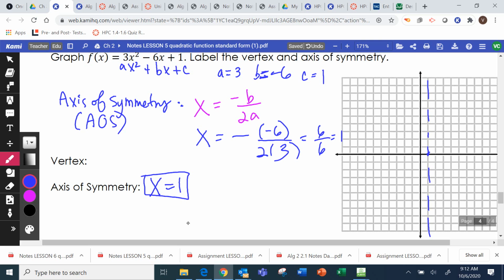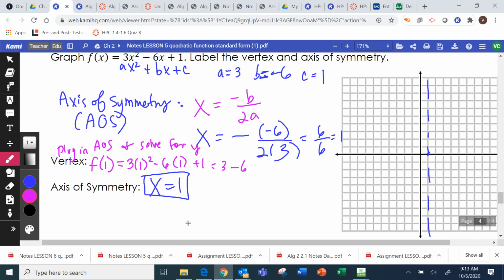Because the vertex and the axis of symmetry have the same x value, to find the vertex, we're going to plug in the AOS and solve for y. So I'm going to do f of 1 to my equation. 3 times 1 squared minus 6 times 1 plus 1.